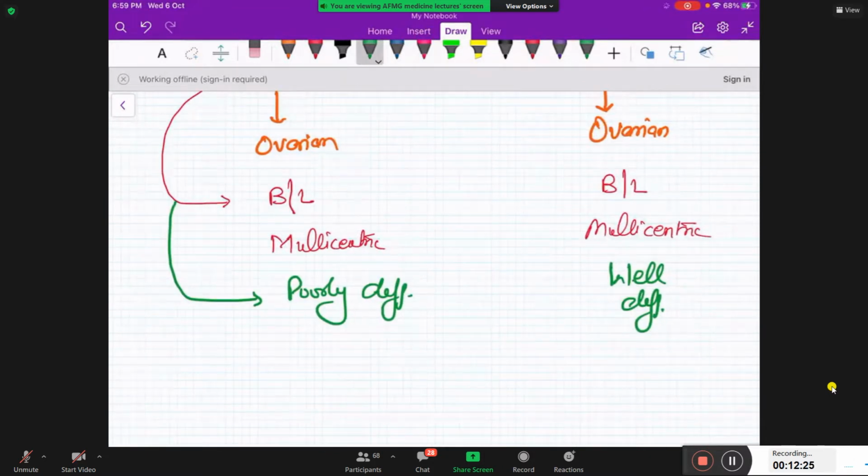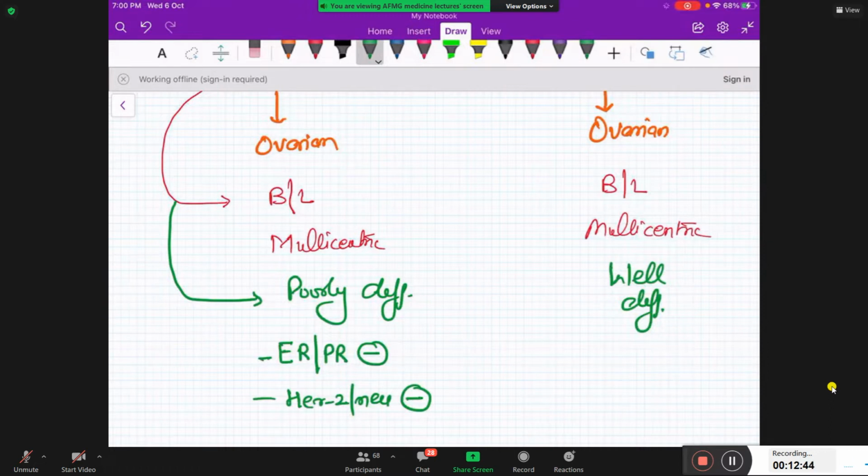And it is ER, PR, estrogen and progesterone receptors negative, and HER2 neu receptor also negative. But here it is ER, PR positive, and HER2 may be positive, may be negative.